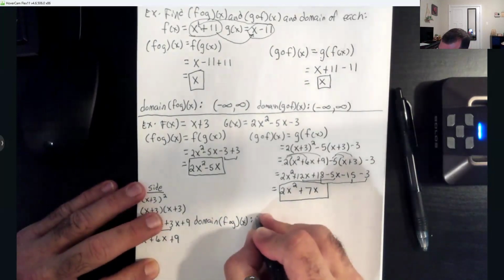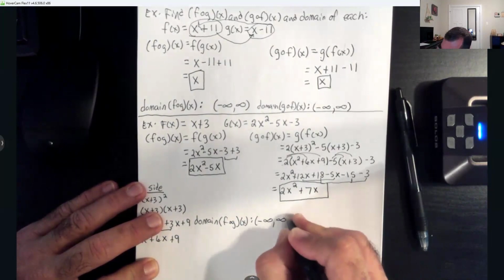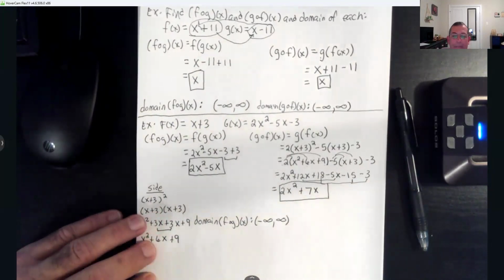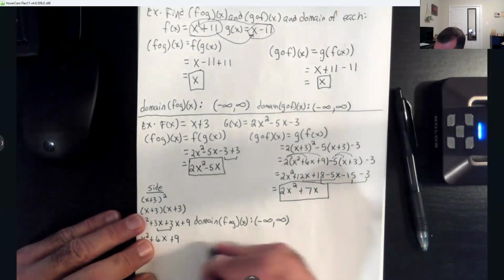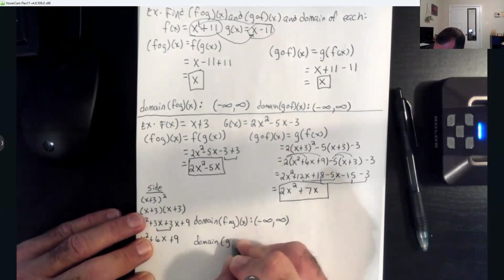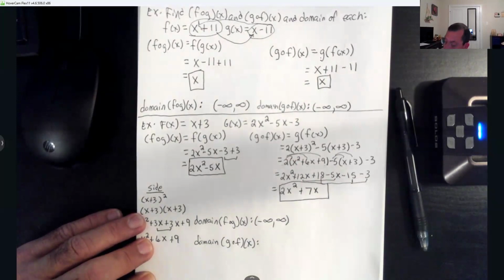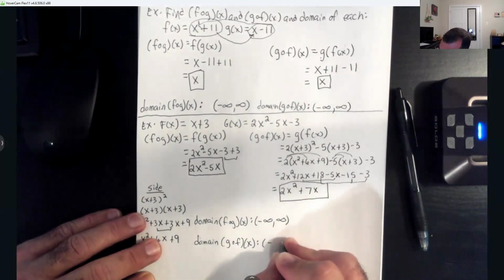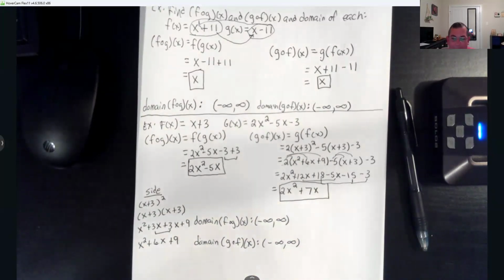So that's going to be negative infinity to positive infinity. Well, y'all think about this one. What about g of f? Same thing, good job. So that's going to be what? Negative infinity to positive infinity.